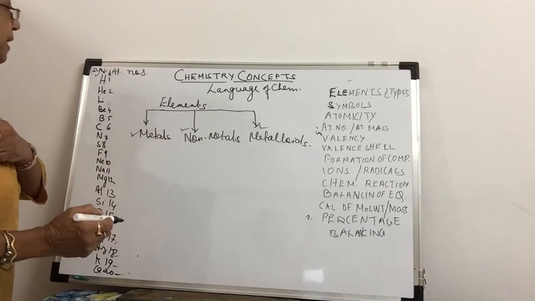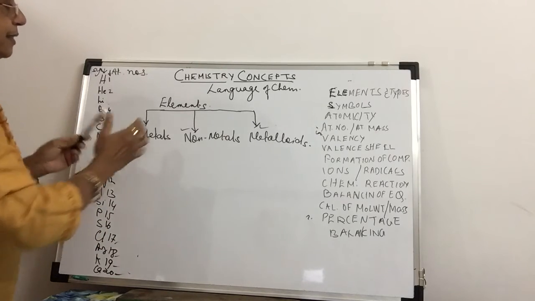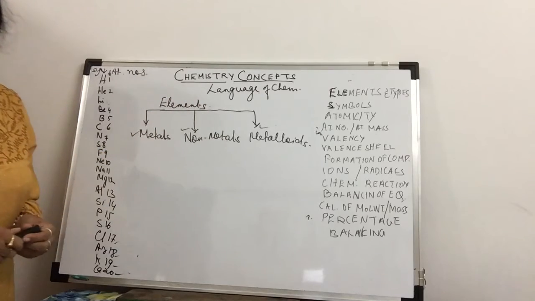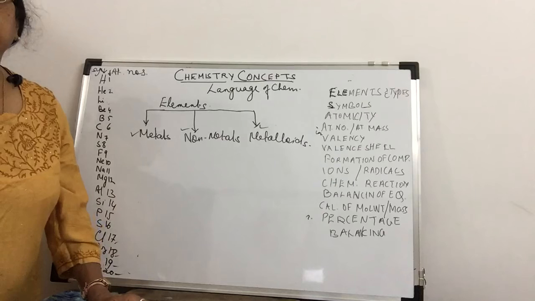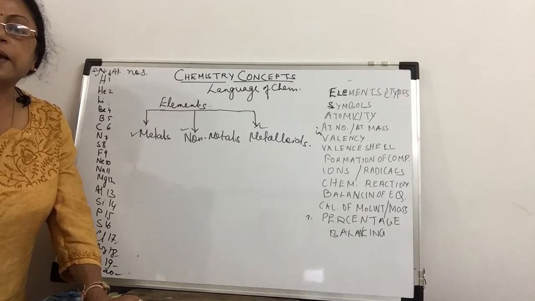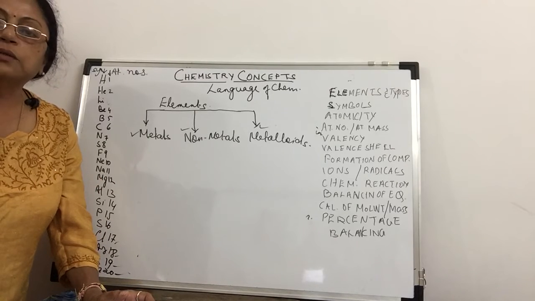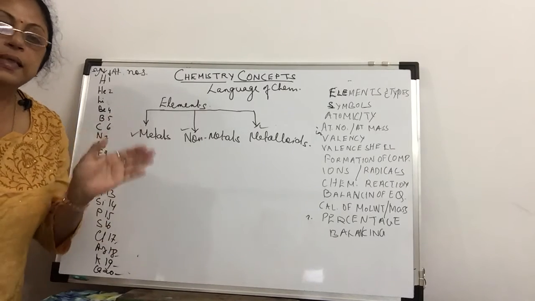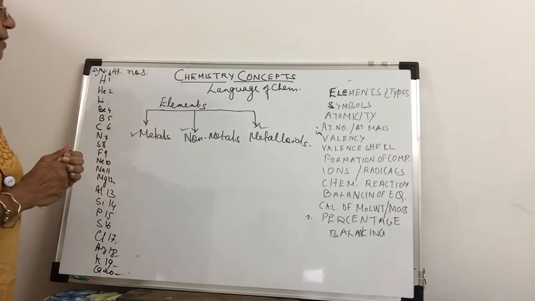Then comes the next thing. When these elements were found in nature, the great scientists, Dalton, Berzelius, and others who came one by one and worked on it, found that these elements had very big names.